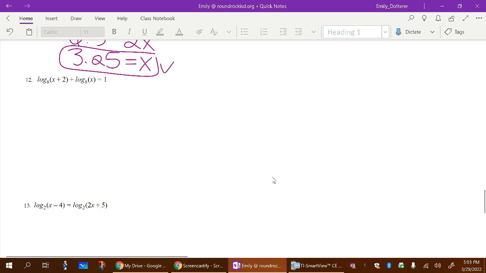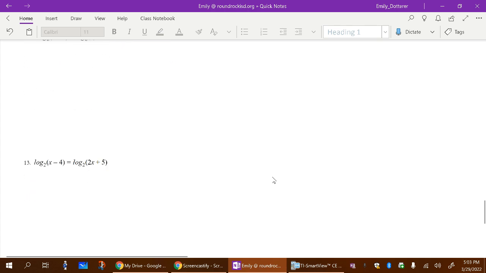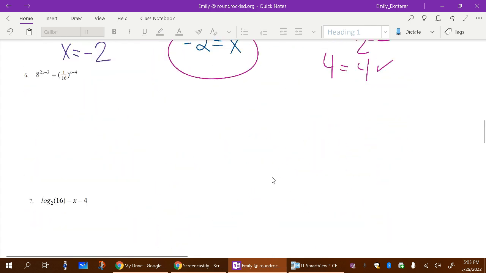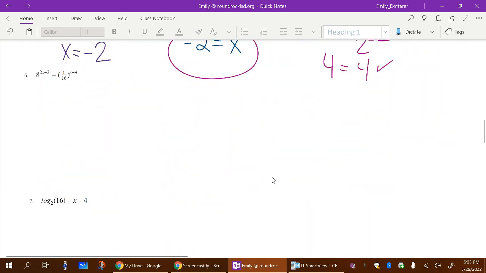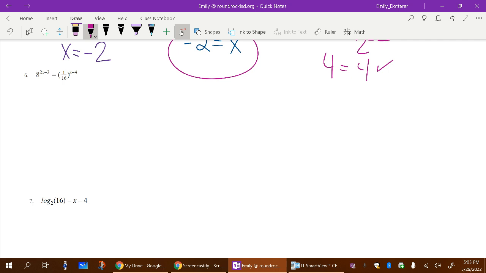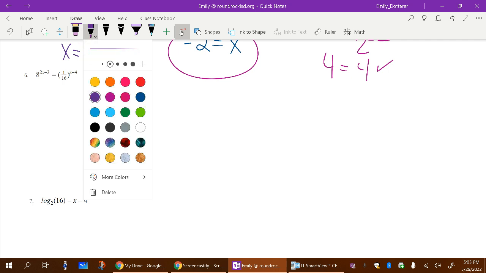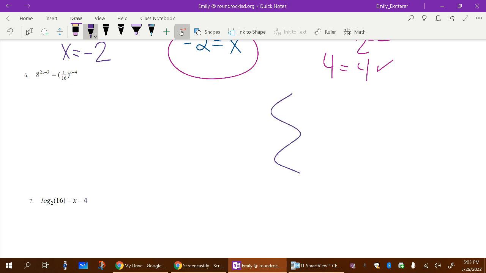The other kind that we are going to see is one like number 6. So I'm going to do something else first, so this isn't one of the problems on here.